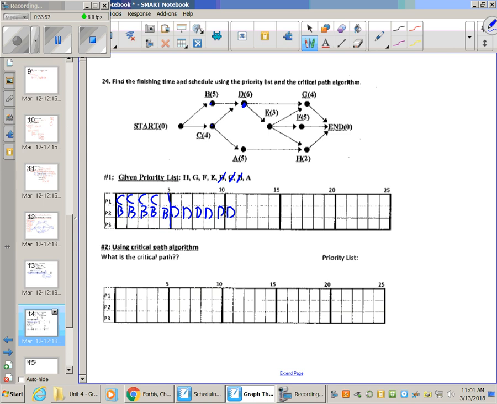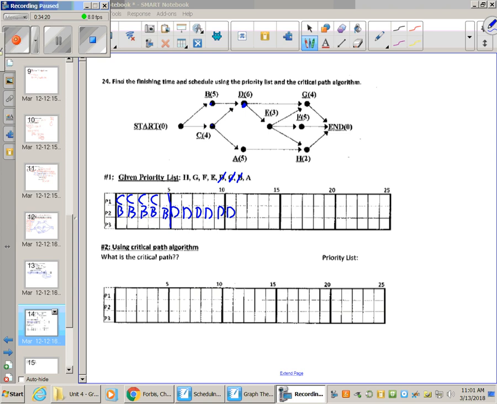Going back on the list. Can I do H? No. Can I do G? Well, what's G's prereq? G's prereq is both D and E. I've completed D, but I haven't completed E, so I can't move on to G just yet. Can I do F? No. Can I do E?